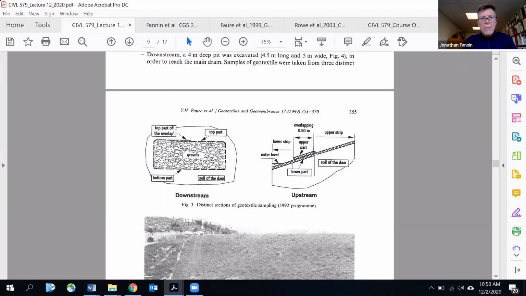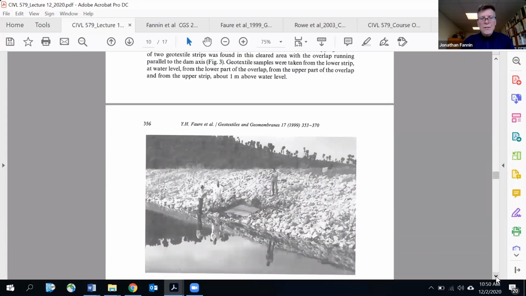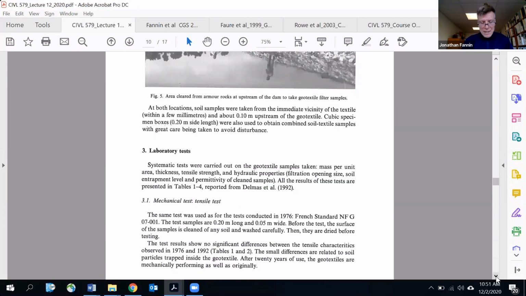And then there's the top part, and it's the top part of the overlap versus the top part unoverlapped. So a number of sampling locations, and there'll be claims that follow from this. Remember, the upstream geotextile, 400 grams per meter squared, the downstream geotextile, a little lighter at 300 grams per meter squared.